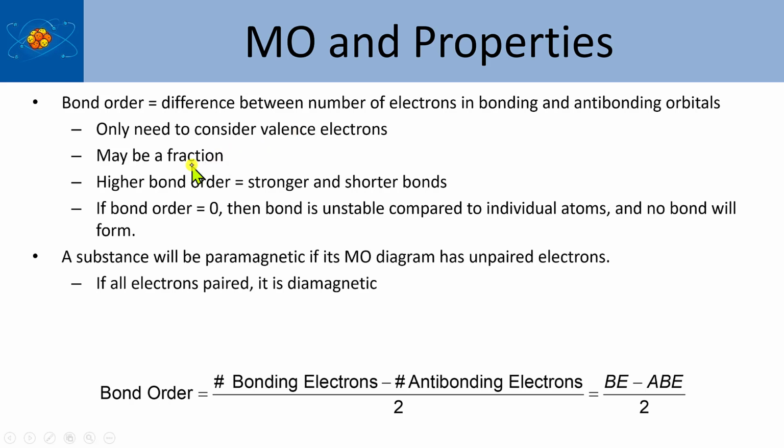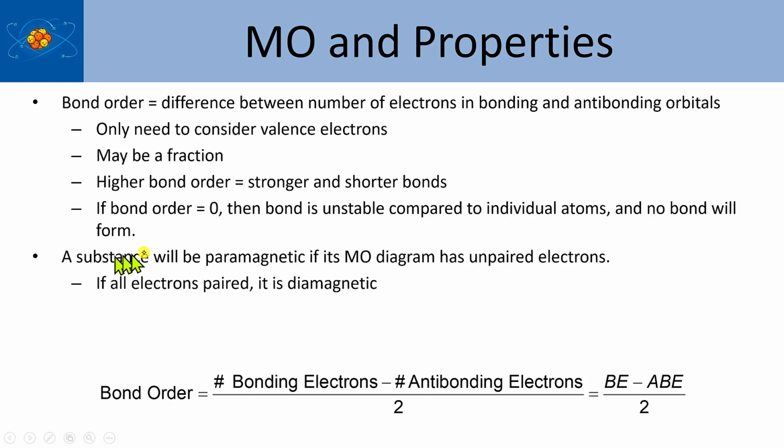The bond order can be fractional. Higher bond order implies stronger and shorter bonds, and if the bond order is 0, then the atom or ion that's formed is unstable, and the bond doesn't form.